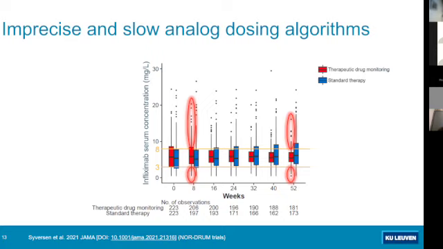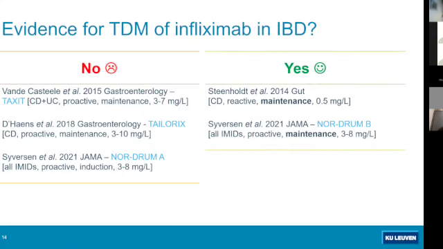So although this trial was positive, was showing a benefit for TDM, not all patients hit the target. So I don't think we can talk about precision dosing here. And that's a problem. And that might also be one reason why several TDM trials failed to show a benefit of TDM in the past.